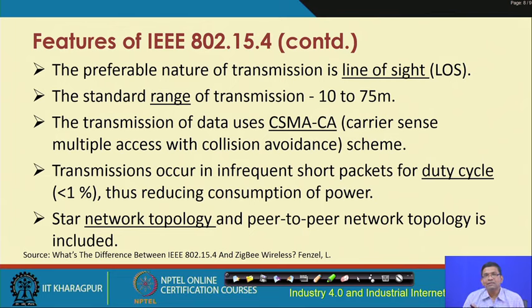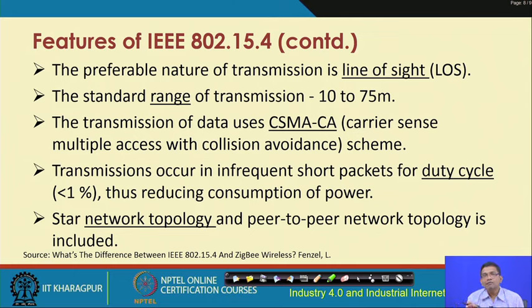802.15.4 has a requirement because it has to work in systems which are powered with very small batteries, so low power requirements are there. It is used in transmission systems where there is a requirement of using a low duty cycle.